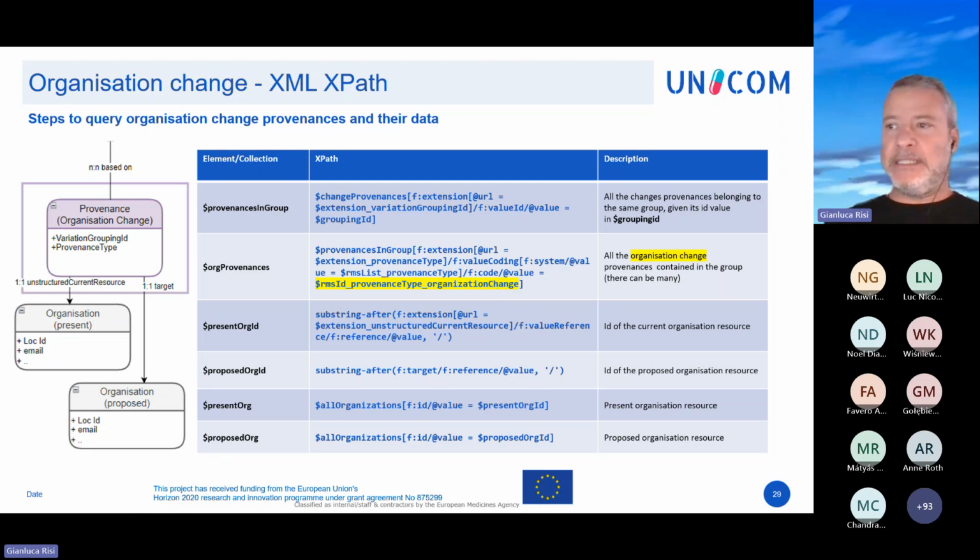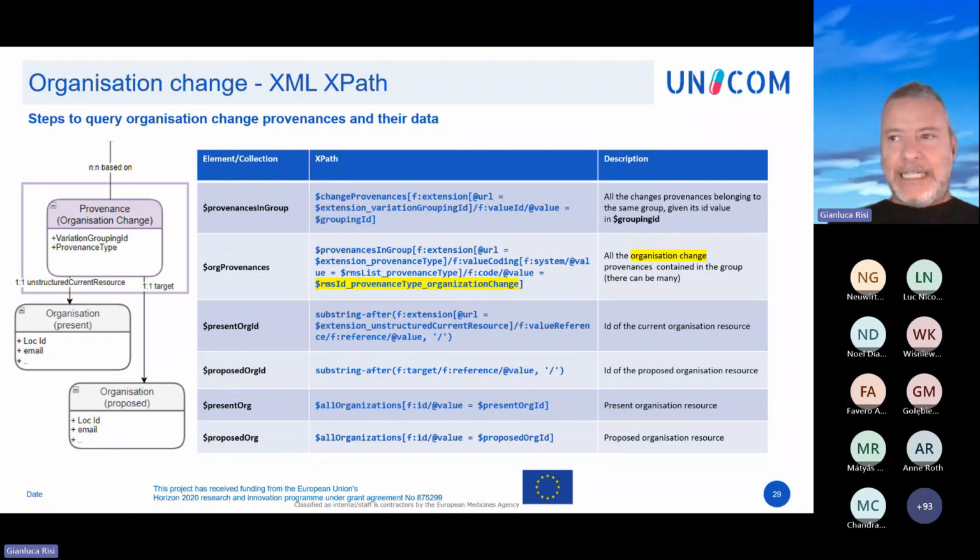So organization change provenances. And for each of those changes, we can take the present organization ID and the proposed organization ID. Please remember, as Noel said before, those elements are not the organization itself, but rather references to them.